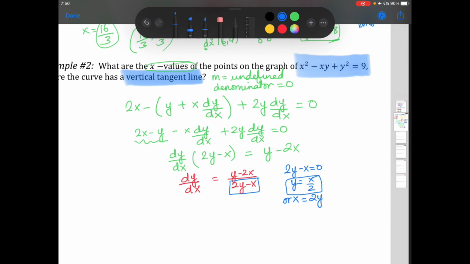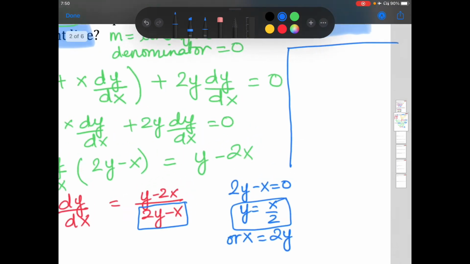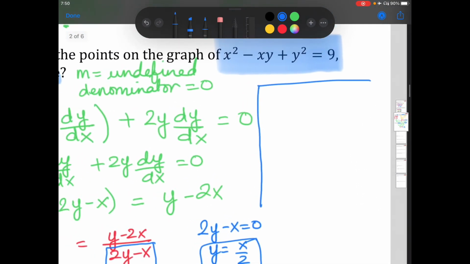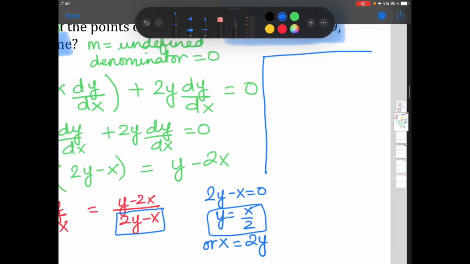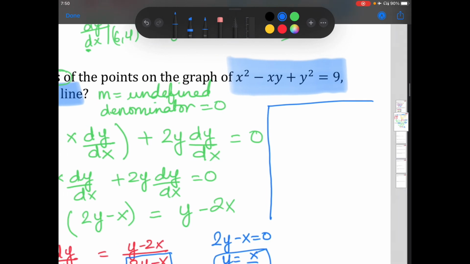So I'm going to just put this into my original equation and find my x values. I'm going to do it here on the side. So wherever I see y, I'm going to type in x over 2. So it's x squared plus, minus x times x over 2, plus (x over 2) squared equals 9.